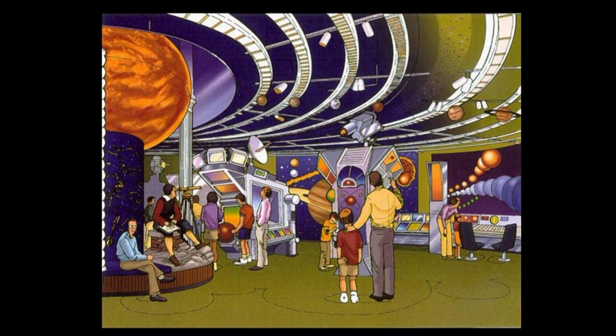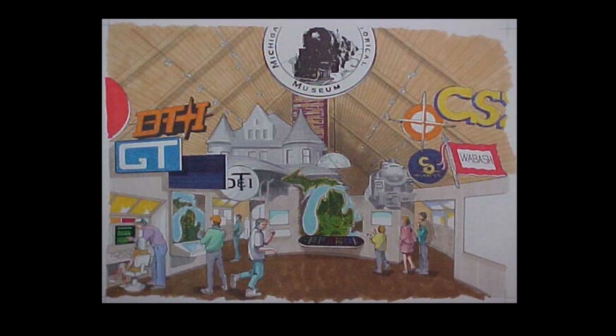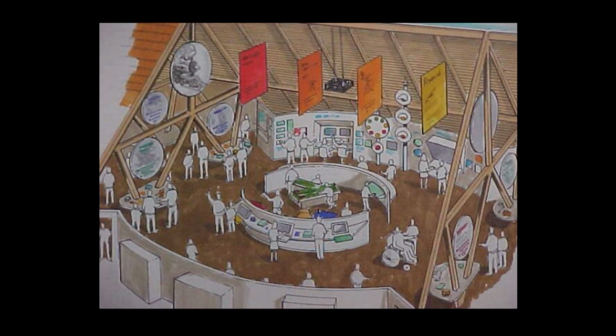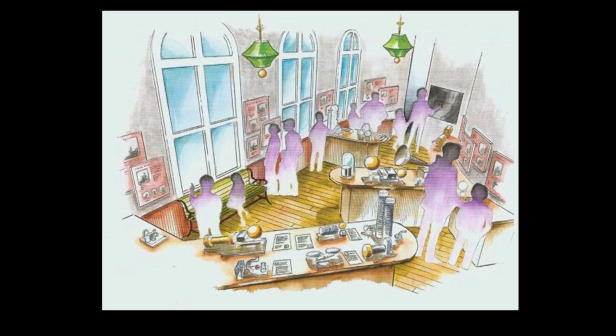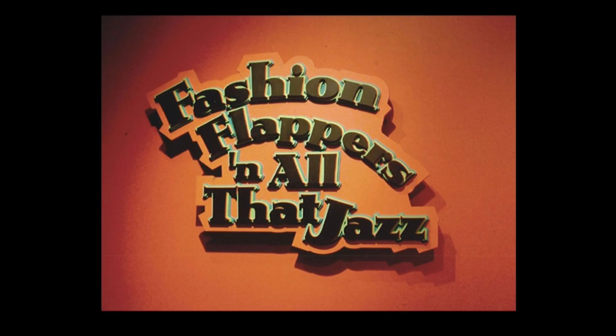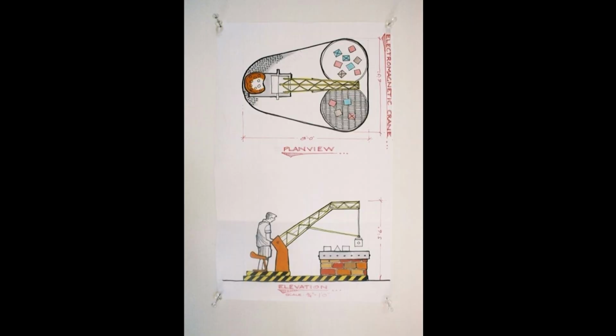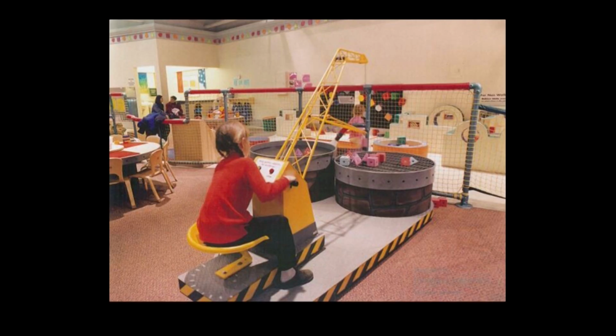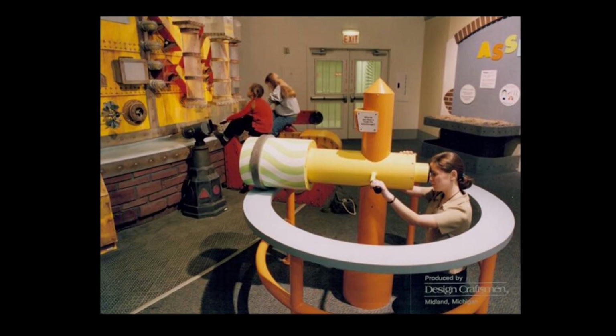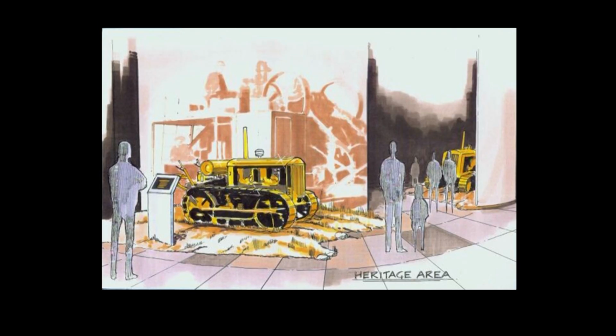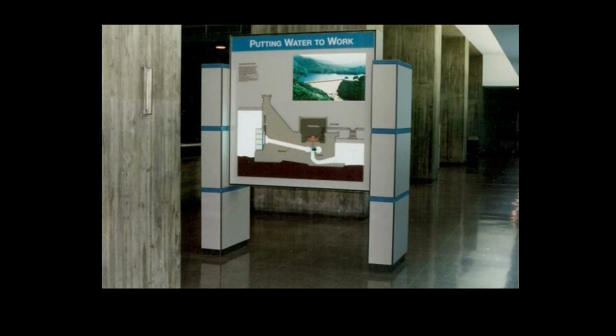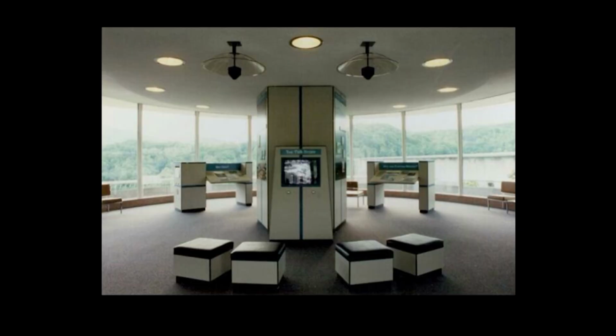This was for the Louisiana Arts and Science Center, the Michigan Railroad Museum, the Thomas Edison Museum, the Chicago Historical Museum. Here's the Museum of Science and Industry, Idea Factory, the Caterpillar Corporation Visitor Center, and the Tennessee Valley Authority Hydroelectric Visitor Centers.